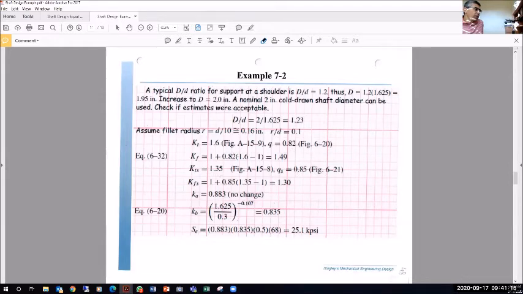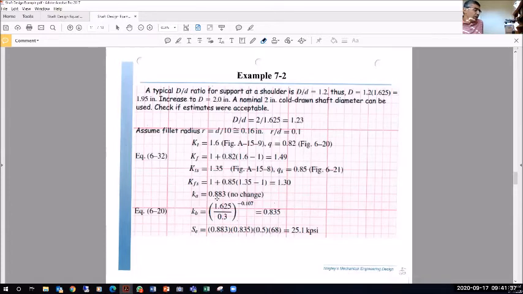Now, all this is good because definitely my Kf is going to be less than 1.6 and my Kfs is going to be less than 1.35. When I use the equation, I find Kfs to be 1.3 and Kf is 1.49. So the numbers we used from the table were conservative, so that's good.